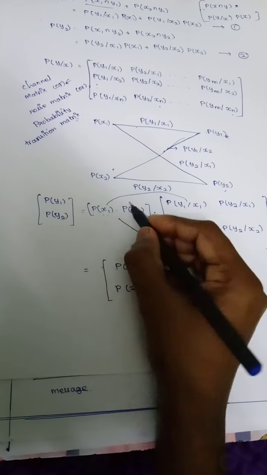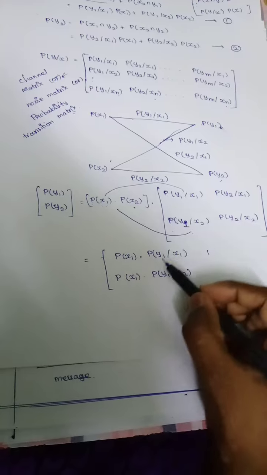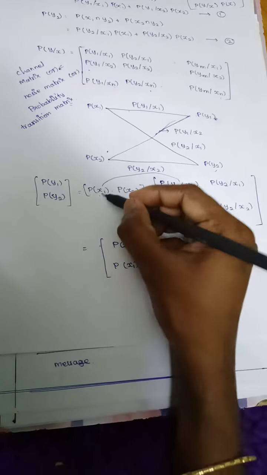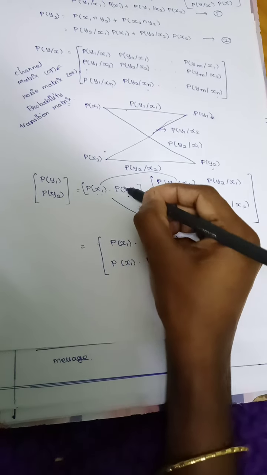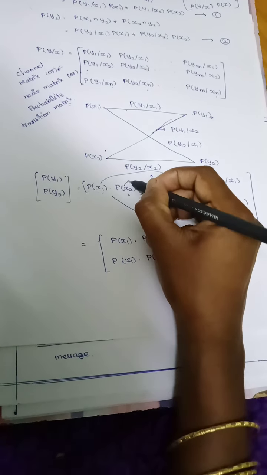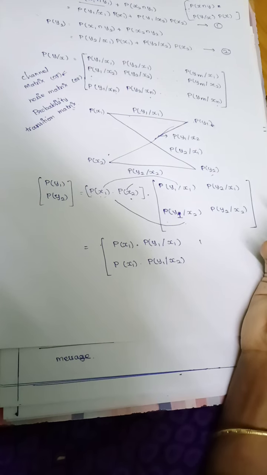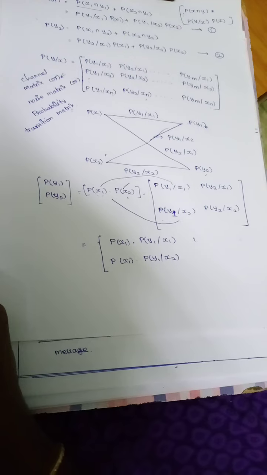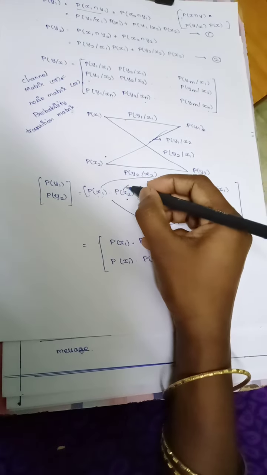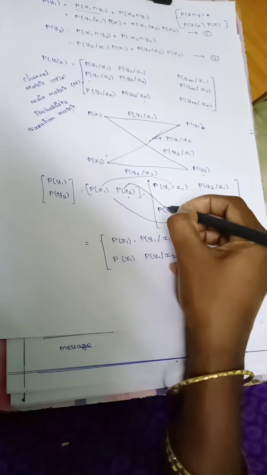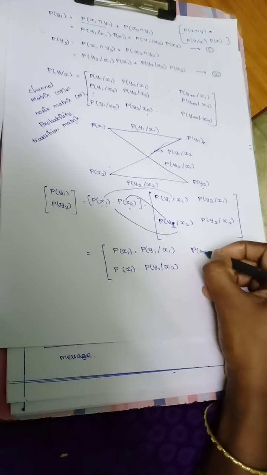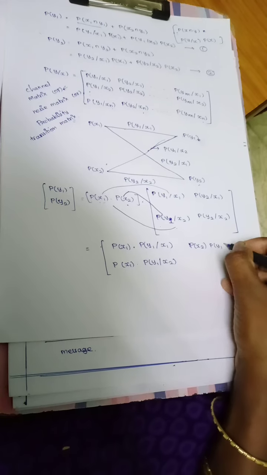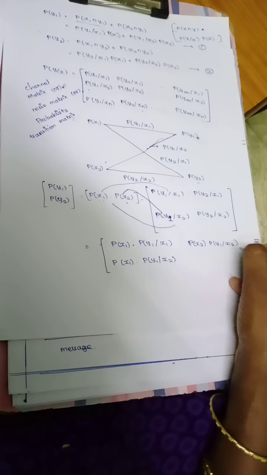Probability of x1 into probability of y1 divided by x1, and then probability of x2 into probability of y1 divided by x2.